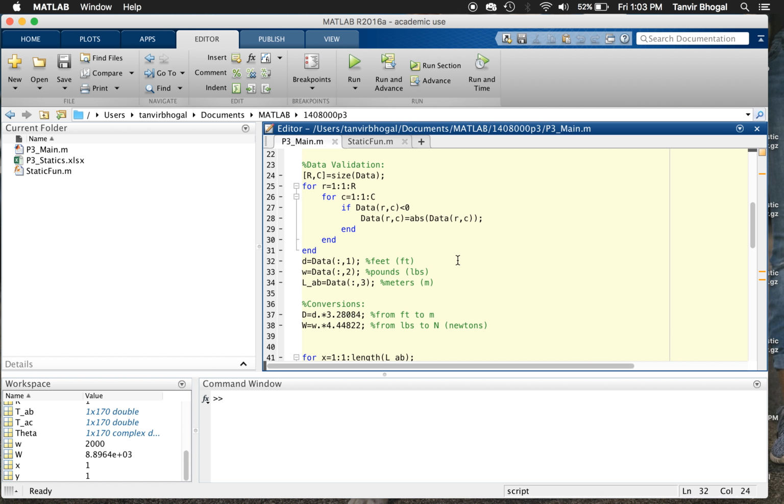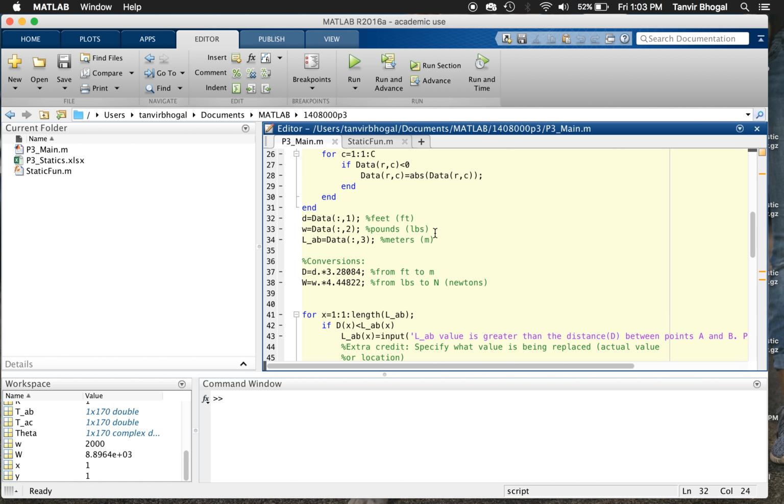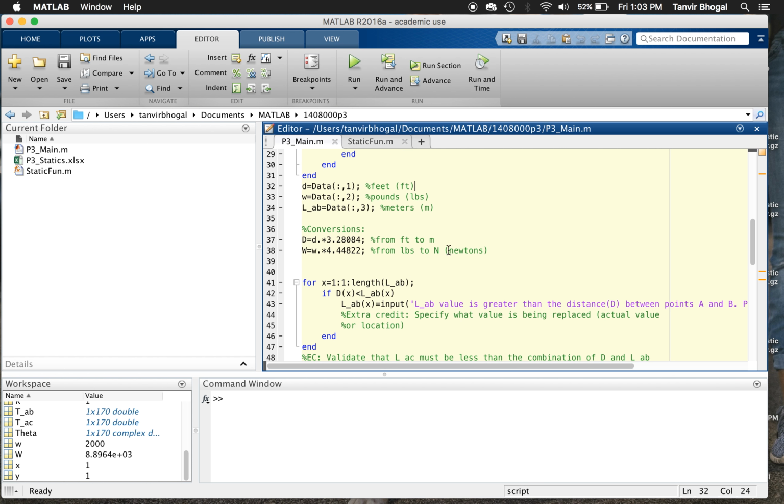Then we went down here and extracted each variable. Lowercase d is equal to the first column, in feet, of our P3 statics. Lowercase w is equal to the second column, in pounds, and LAB was equal to the third column, in meters. We did two major conversions here.